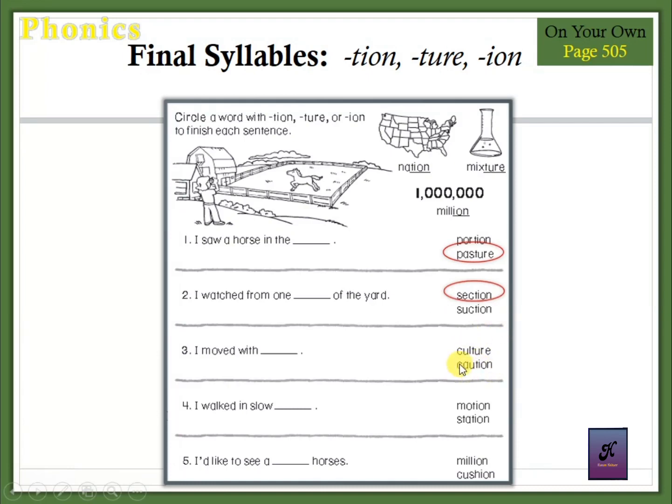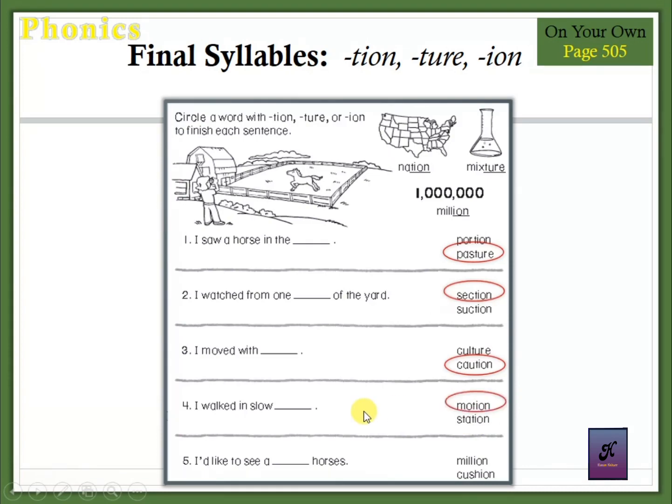And caution means when you are moving slowly. So I moved with caution. Excellent. Number four, I walked in slow. I was walking, but I wasn't walking so fast. I was walking in slow motion or station. Motion means movement. Station means the building of something. So what should we write?